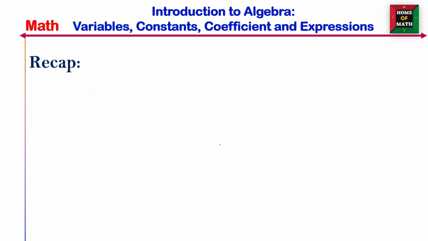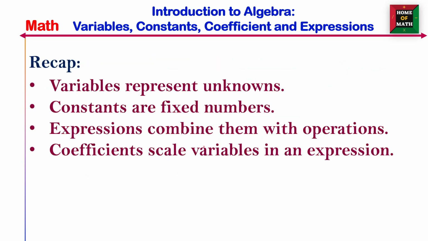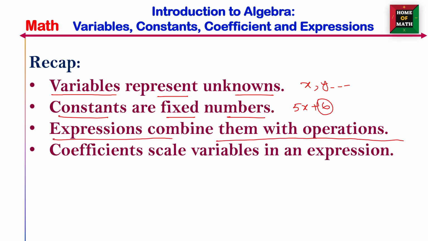Recap. So we can say variables represent unknowns like x, y. Constants are fixed numbers. Suppose 5x plus 6, here 6 is a constant. Expression, combine them with operations. Operation is a plus, minus, division and multiplication.